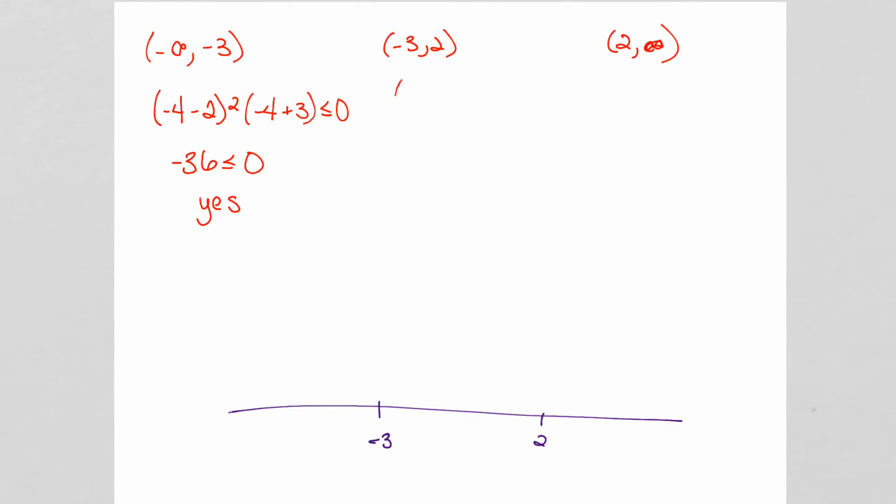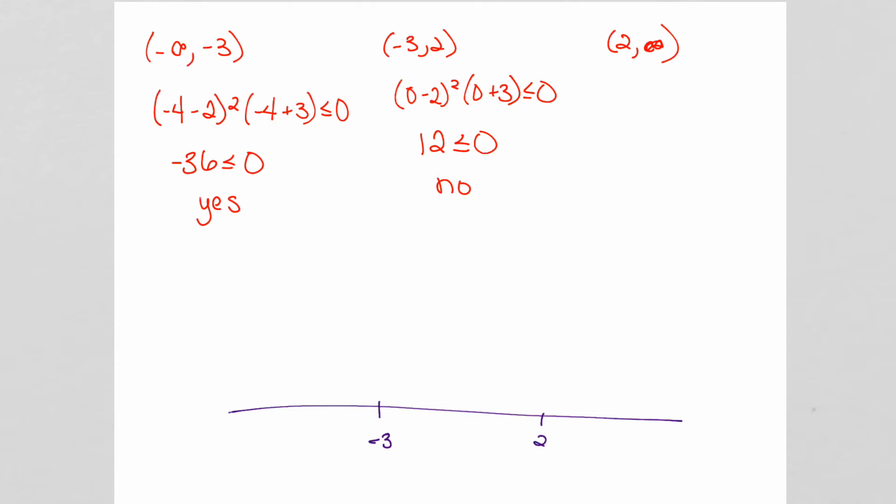So 0 minus 2 squared times 0 plus 3, is that less than or equal to 4? That'll give us 4 times 3, which is 12. And 12 is not less than or equal to 0.